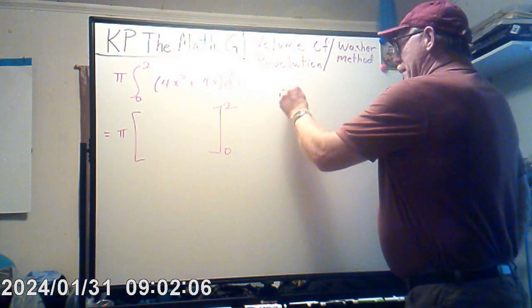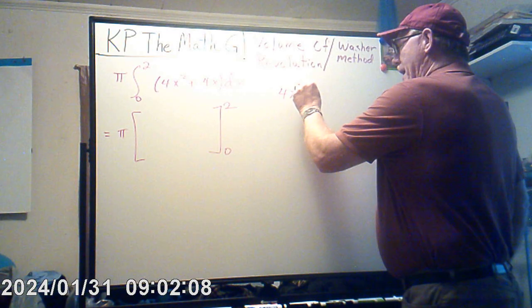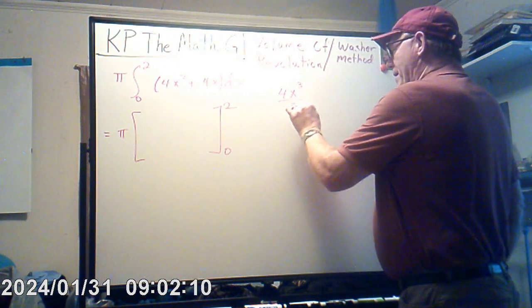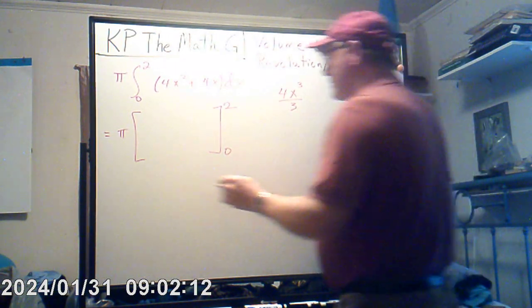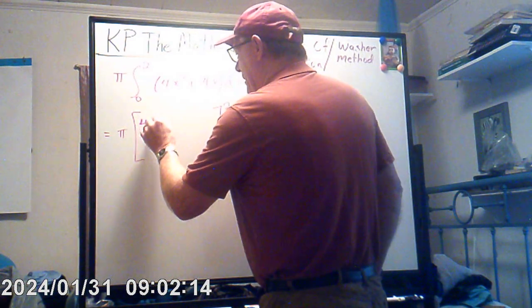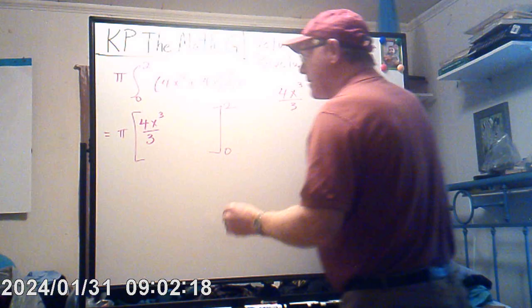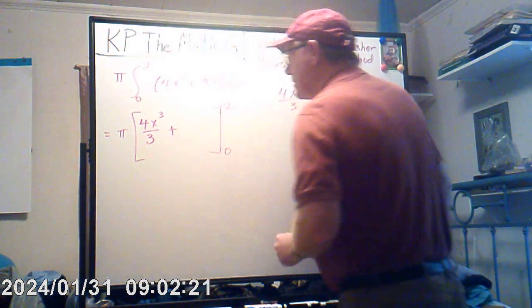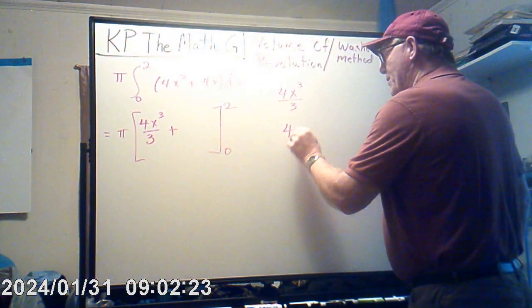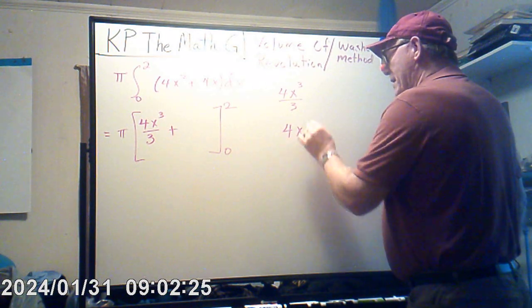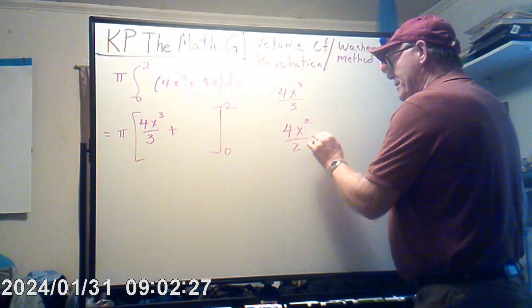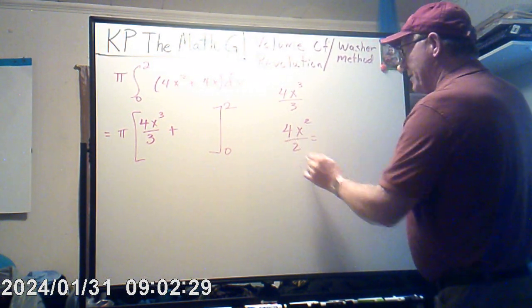Alright, let's see. 4x squared. I'm going to add 1 and put that down here. So that's going to be 4x cubed over 3, plus. Now this one's going to be 4x, and I'm going to square that and divide by 2. But 4 over 2 is 2.